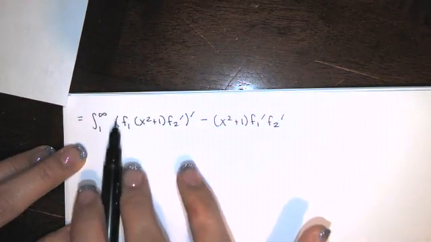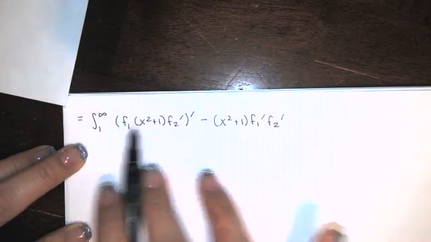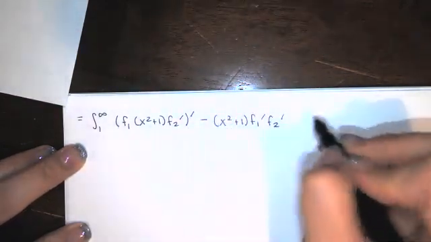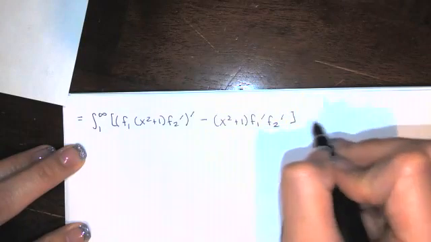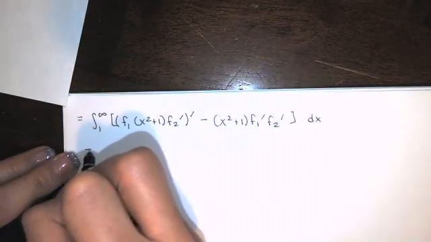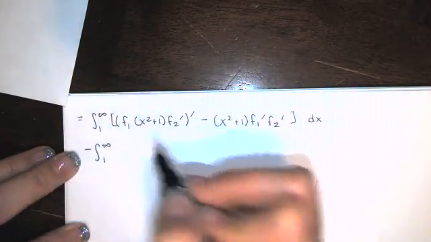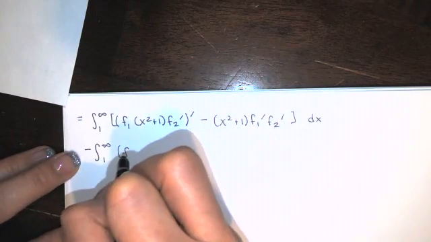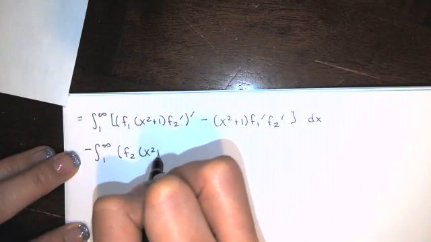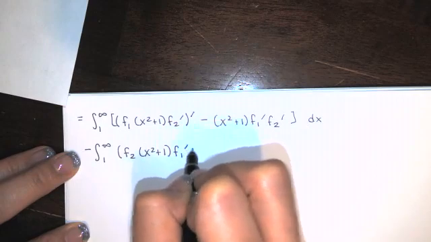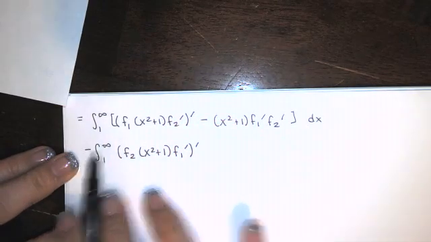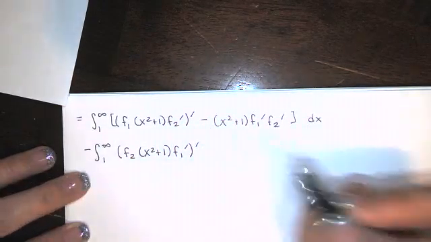And then we're subtracting something that looks very similar to this, but with f1 and f2 prime flipped. We're subtracting the integral from 1 to infinity of f sub 2 times x squared plus 1 times f sub 1 prime prime. And then we're subtracting a negative there.